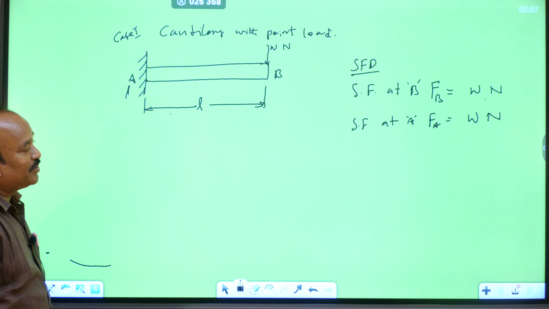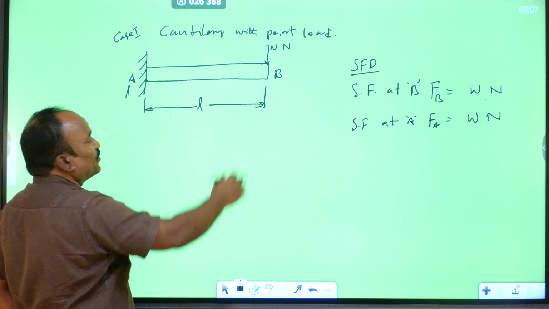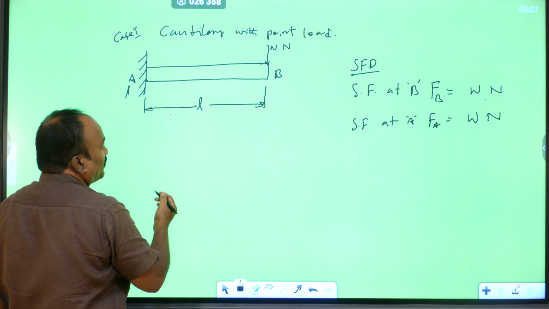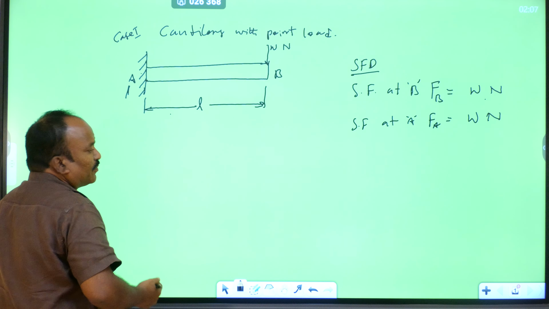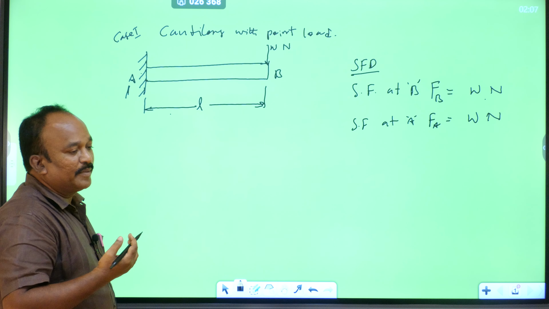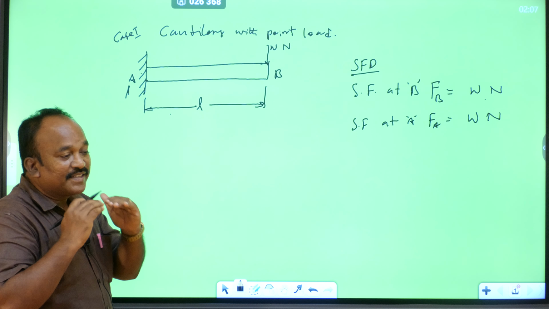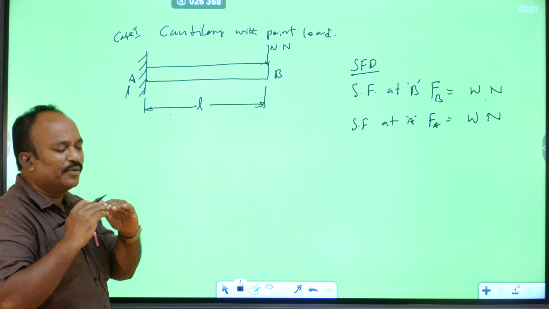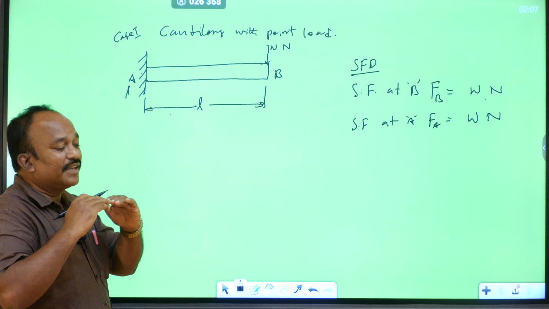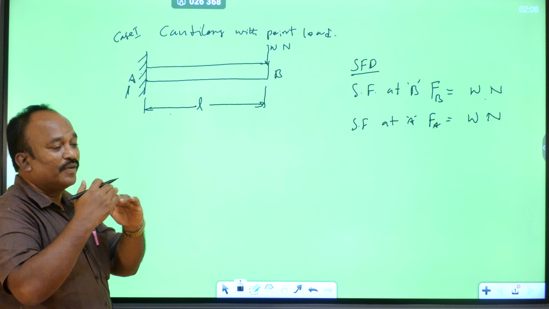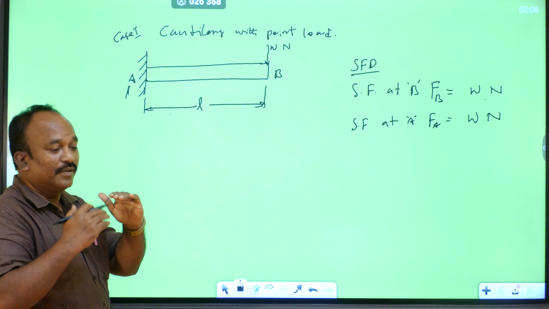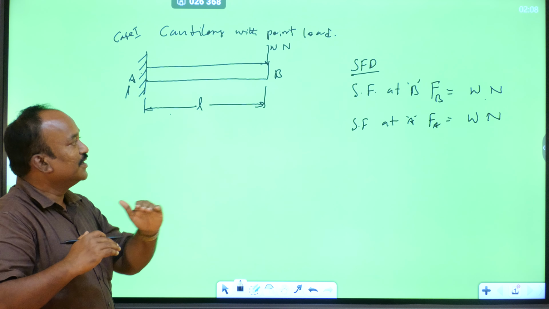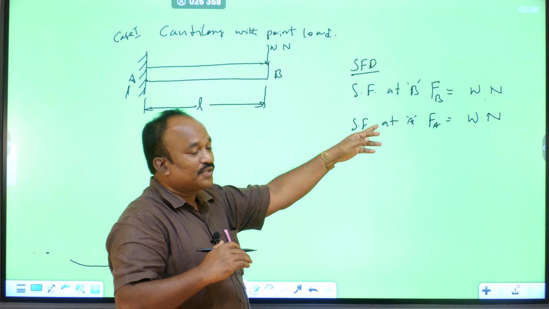Next, draw the SFD using the shear force. First, indicate a reference line, which is the zero value of shear force. Above that line is positive, below is negative. Here there are only positive values.